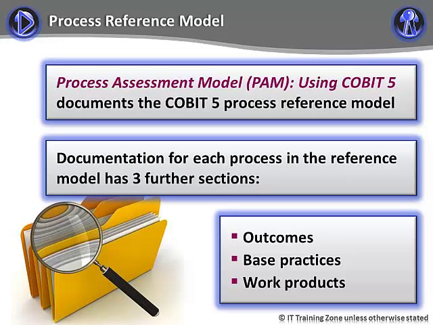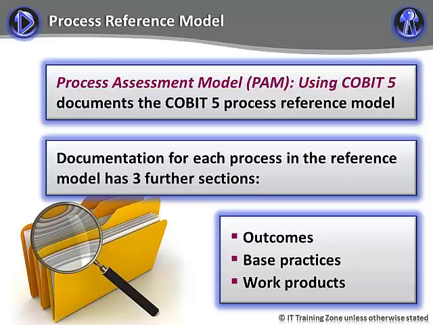The publication Process Assessment Model PAM using COBIT 5 documents the COBIT 5 Process Reference Model. It is based on the documentation in the Process Reference Guide that you were introduced to in Module 3, Lesson 2. The format is changed to align it with ISO 15504, and there is some extra information.